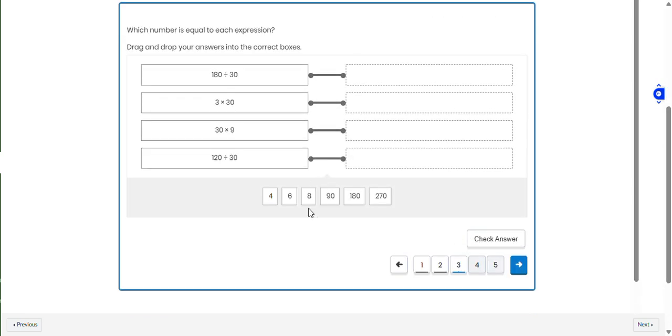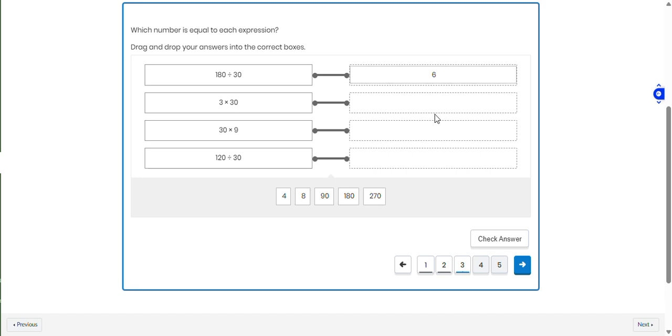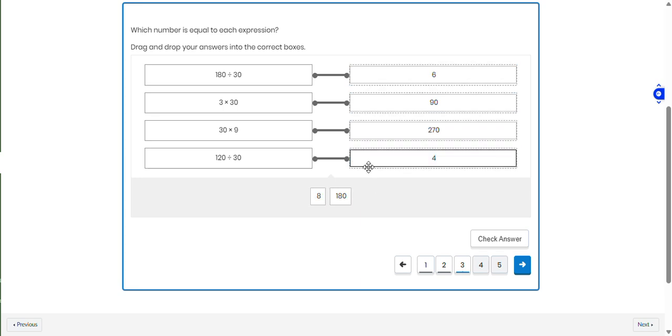180 divided by 30 equals 6. 3 times 30 equals 90. 30 times 9 equals 270. 120 divided by 30 is 4.